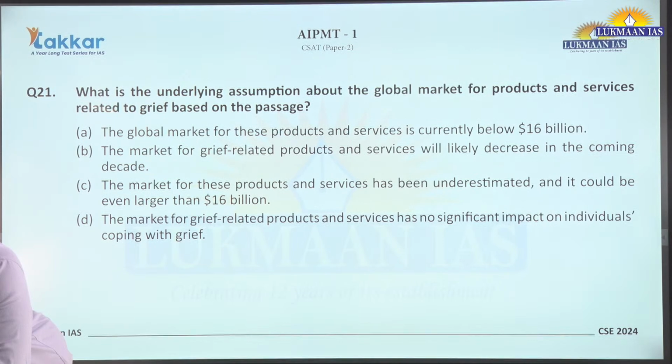The very act of questioning the preference suggests that there might be some reservation or doubt about the effectiveness of this product when compared to professional counseling. While the passage does not directly state it, the implication is there. That's why option B is correct. What have you marked? B, sir. B only. So you see that it largely is because of the time. Otherwise, the paper was simple. There was no difficulty in the English part, right?